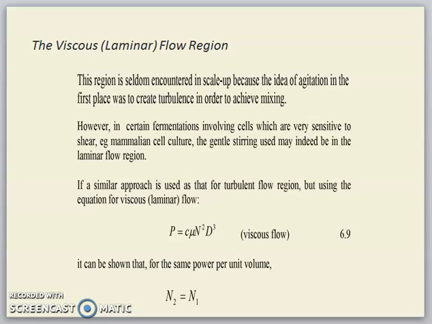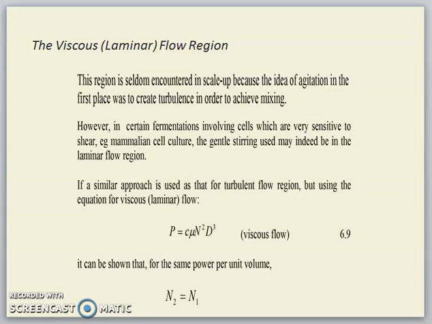For the viscous or laminar flow region, this region is seldom encountered in scale up because the idea of agitation in the first place was to create turbulence in order to achieve mixing, meaning that we need a uniform mixing, so therefore we have to achieve turbulence.